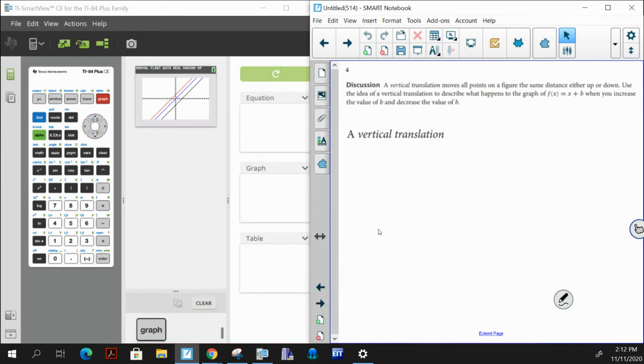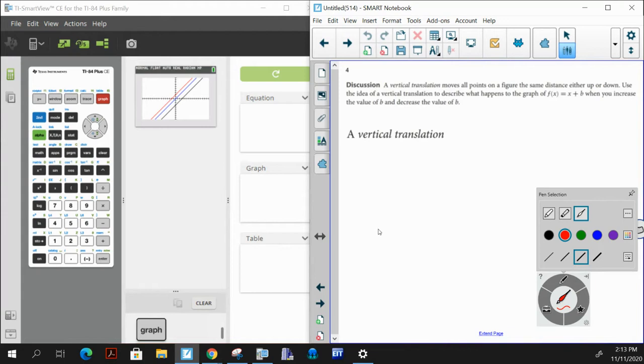So what's really going on here? Well, when we add 2 or subtract 3 from the function y equals x, we have something we call a vertical translation, okay? And what's going on when we say vertical translation is that we're moving all the points either up or down. So let's write that definition.